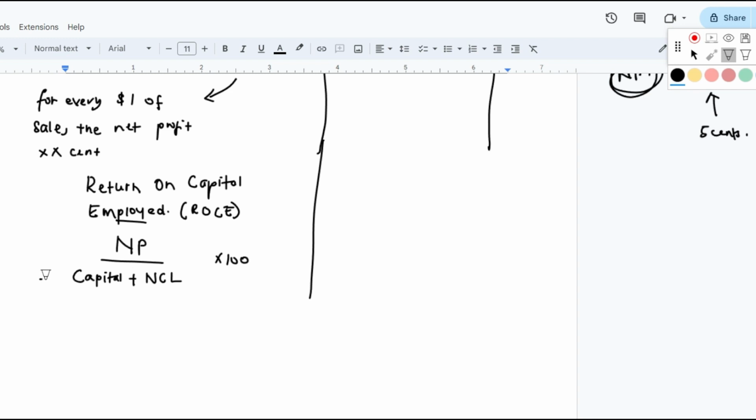So here we want to know what is the profit per dollar invested in the business. Got it? This is more like the shareholders want to know what is the profit the company makes per dollar invested in the business. Net profit per dollar invested in business.